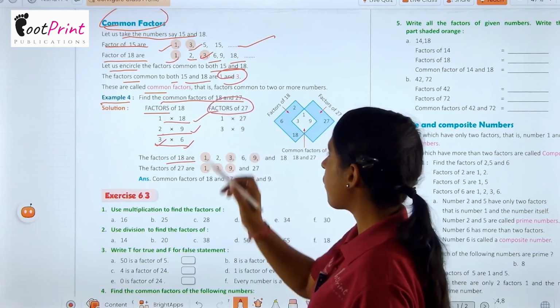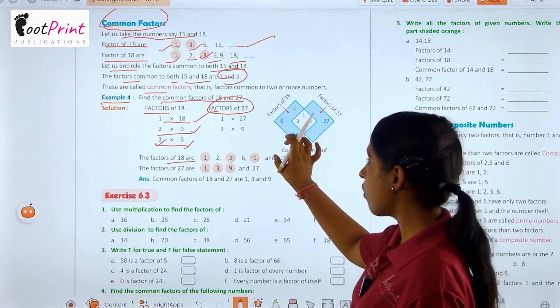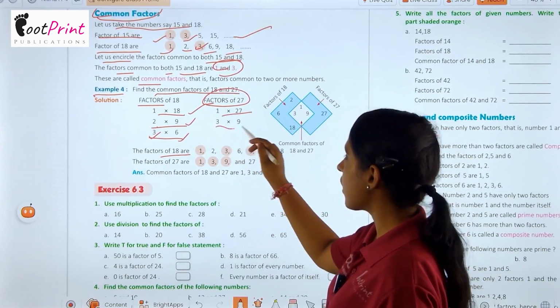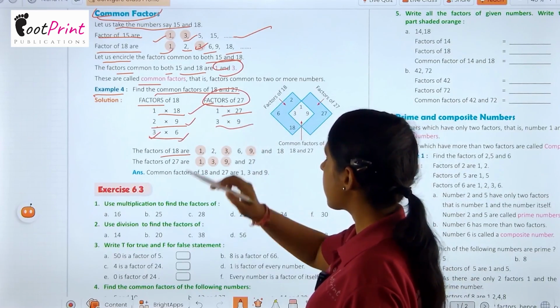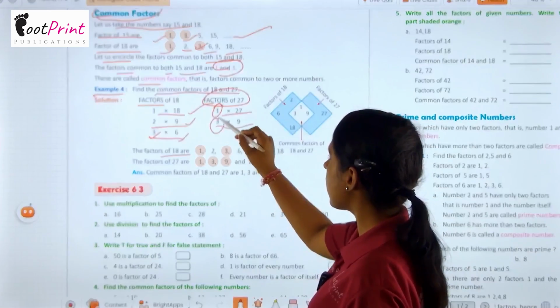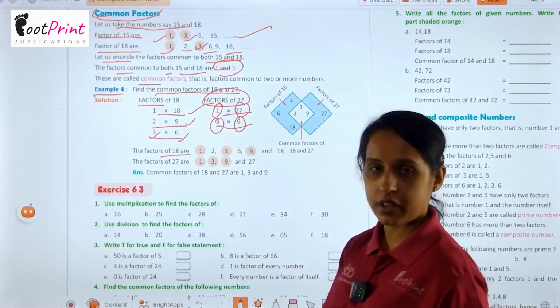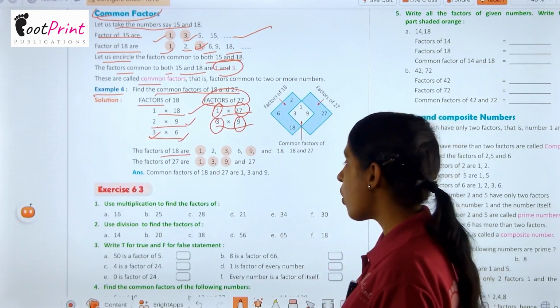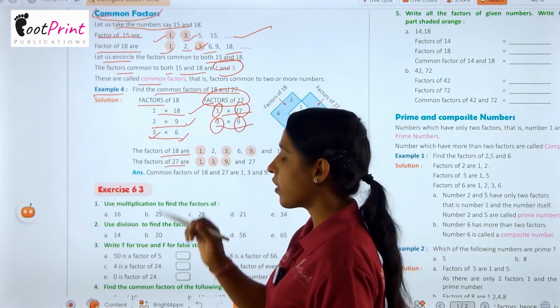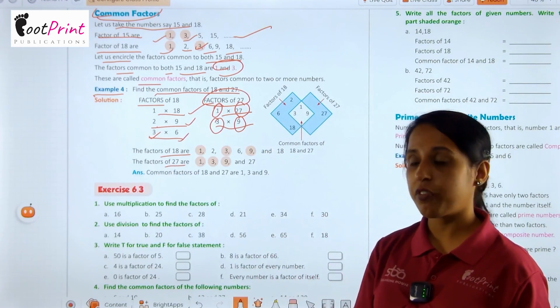Just like that, we have to find out the factors of 27 also. 1 into 27 and 3 nines is 27. So we can write the factors of 27 are 1, 3, 9 and 27. So here now we have to find out the common factors of 18 and 27. And how do we find it?